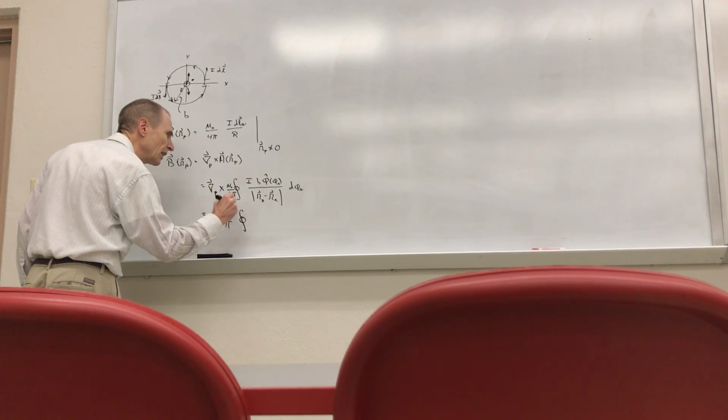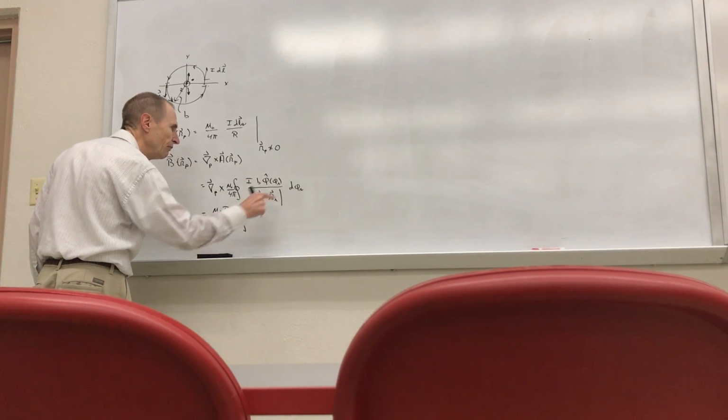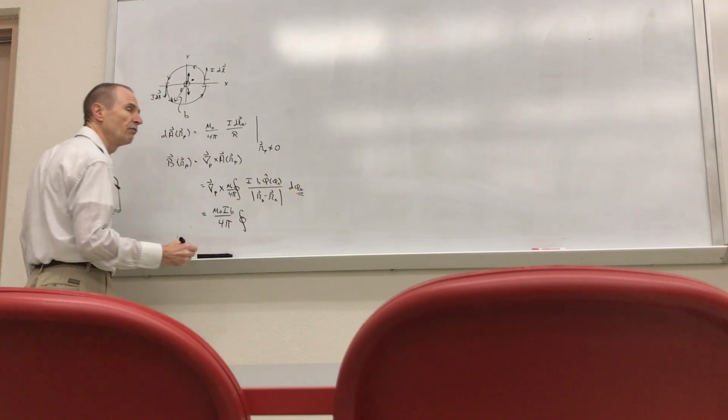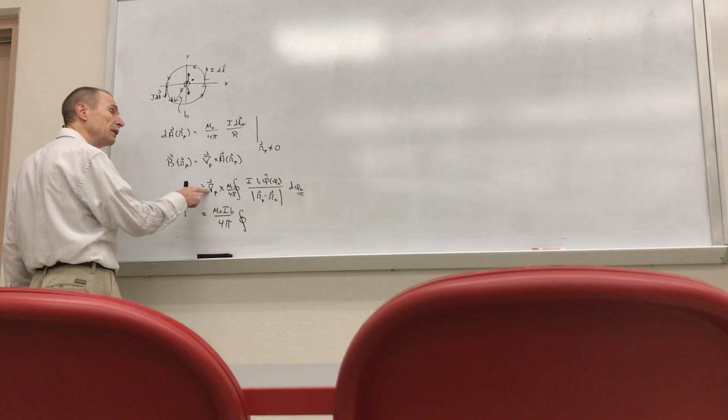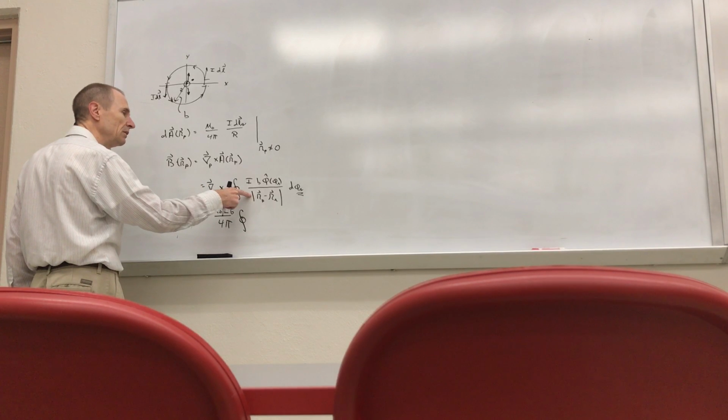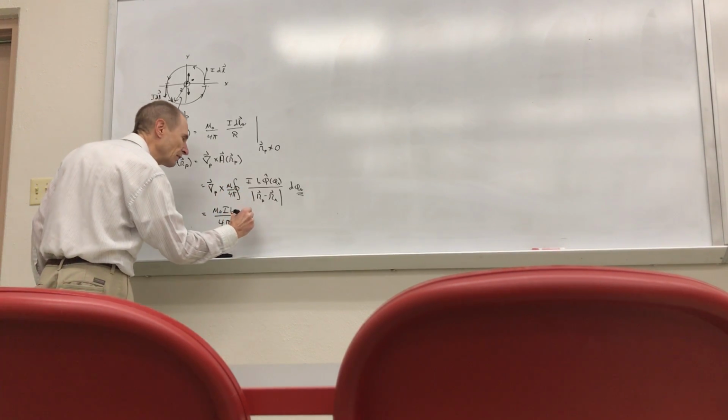I can pull the d outside as well. I can't pull a unit vector outside because it's a function of phi sub s. But I can bring the del operator inside and its cross product.